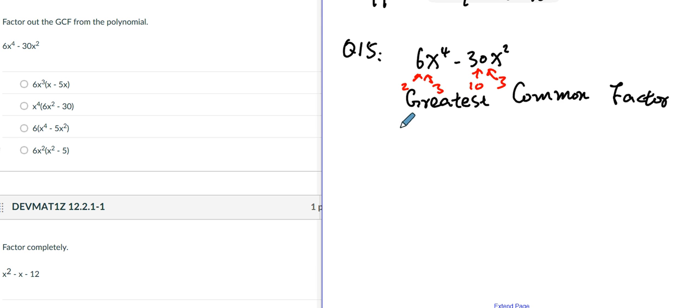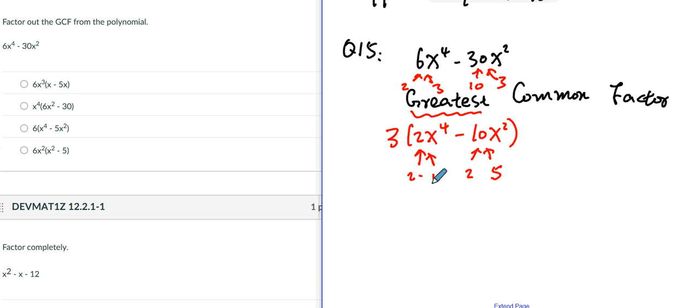If you do that, you should have a 3 out, with 2x squared on this side, and here will be 10x to the 4th. But you know that's not the greatest, because 10 can be written as what? 2 times 5. And here 2 is 2 times 1.